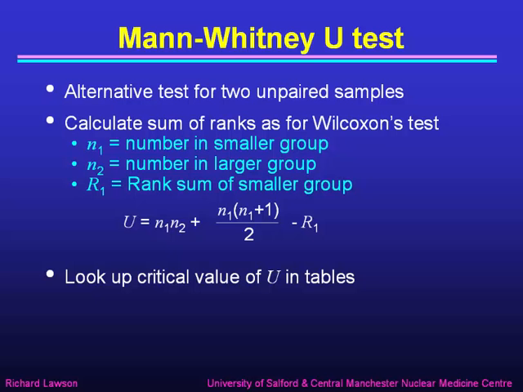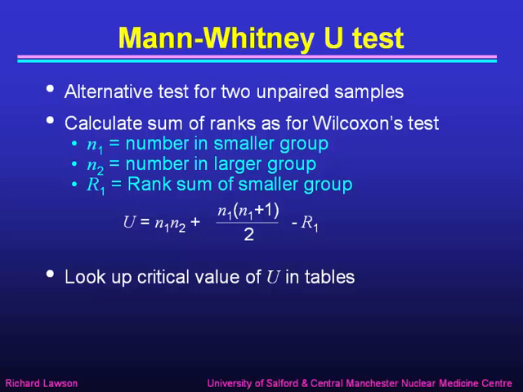Now, I mentioned the Mann-Whitney U test. It's actually an alternative test for exactly the same data, and in fact you do the calculation in exactly the same way. You calculate the sum of the ranks just as you do for the Wilcoxon's test. Then you calculate something called the U statistic.